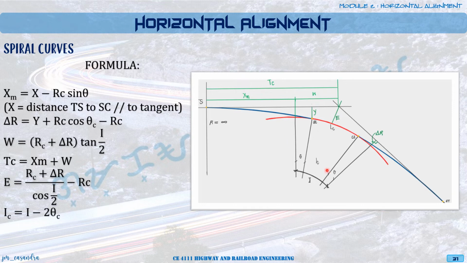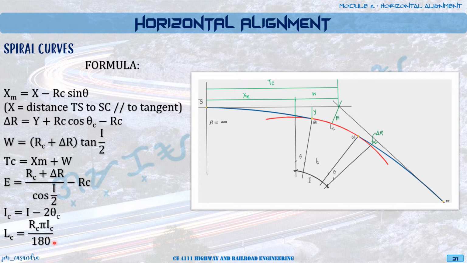And from the figure, we now have IC is equal to I minus 2 times theta c. And lastly, the length of the circular curve is equal to RC times IC.